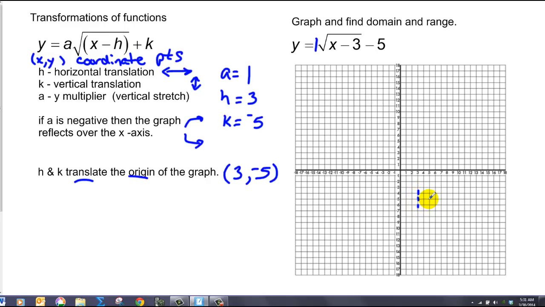Now what this dotted crosshair is, it's really the origin translated down. And what I'm claiming is that because my y multiplier is 1, the shape of my radical graph is no different than the parent function. Let's take, once again, a look at the parent function.